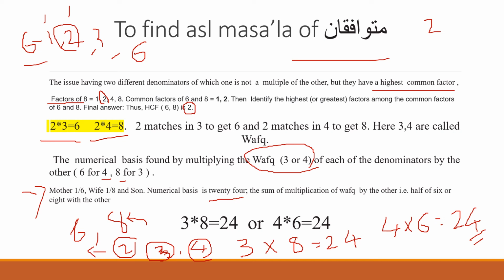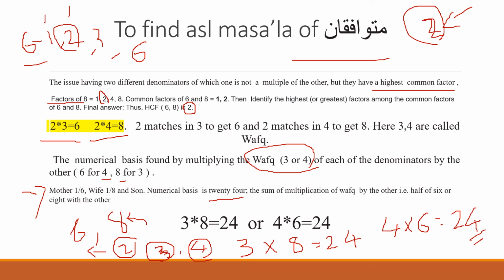Then take 2 and divide any one of the two denominators, 6 or 8, by it. Then you will get a number. That is the wafq. You divide any denominator with this wafq, then you will get a number. You can multiply that number with the other denominator, then you will get the asl al-mas'ala.